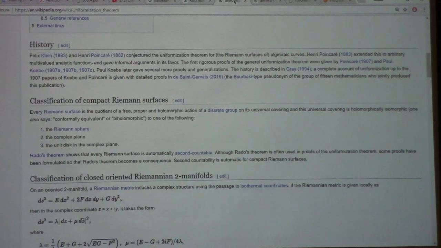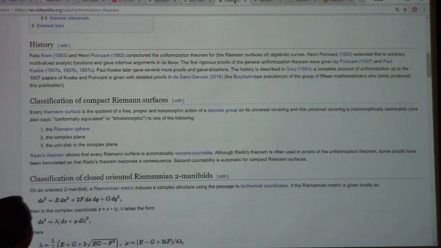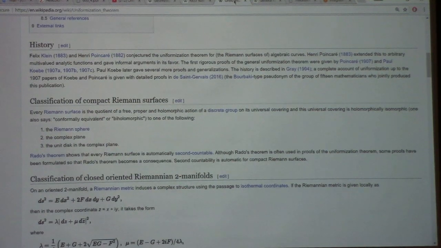And the uniformization theorem, which I can't say today, says that every Riemann surface is the quotient of a free, proper, holomorphic action of a discrete group on the universal covering. And this universal covering is holomorphically isomorphic to one of the following: the Riemann sphere, the complex plane, or the unit disk in the complex plane.